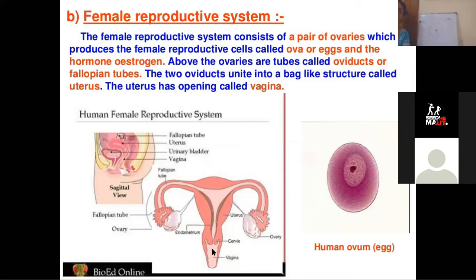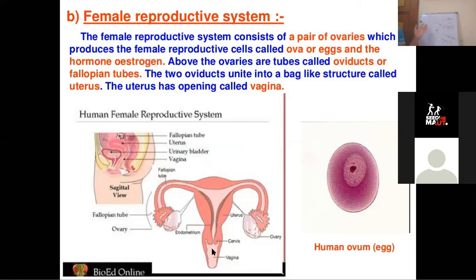Now here in the ovum, it has to provide nutrition once the zygote develops. Once the sperm fuses with the ovum to form the zygote, to provide nutrition to the zygote so that the multiplication of the cells will take place, it is this egg which is filled with nutrients.